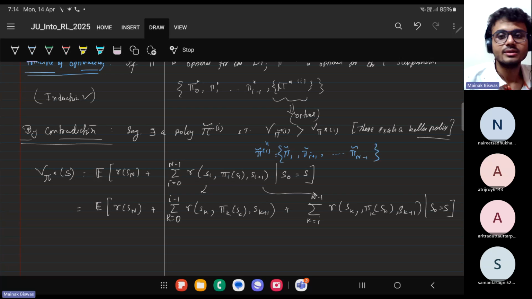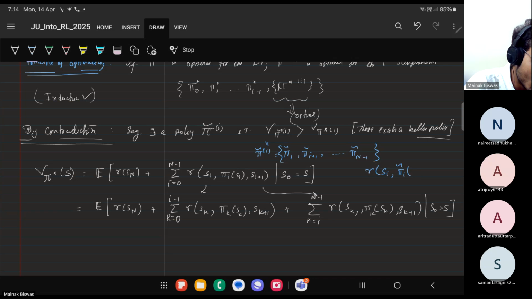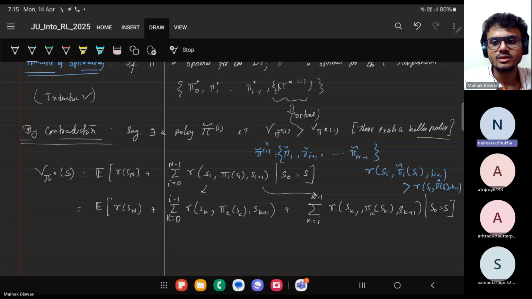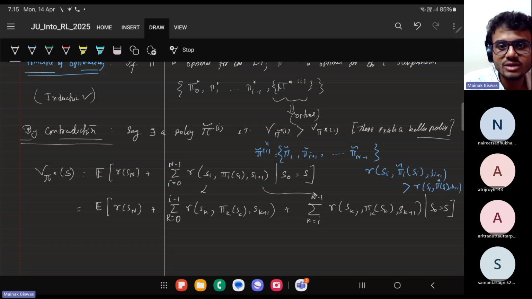So do you agree that since the value function is higher, what does it actually mean? If the value function is higher, the reward at Si, pi tilde I, Si plus 1 will be greater than R of Si, pi of Si, Si plus 1. Yes or no? This is going to be greater because value is the amount of reward that you are receiving, right?